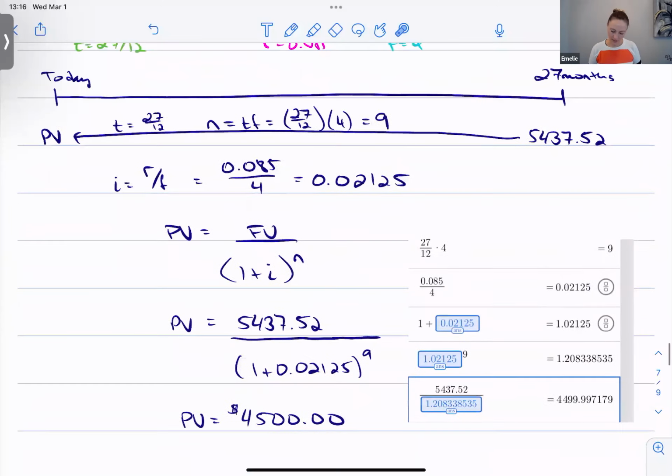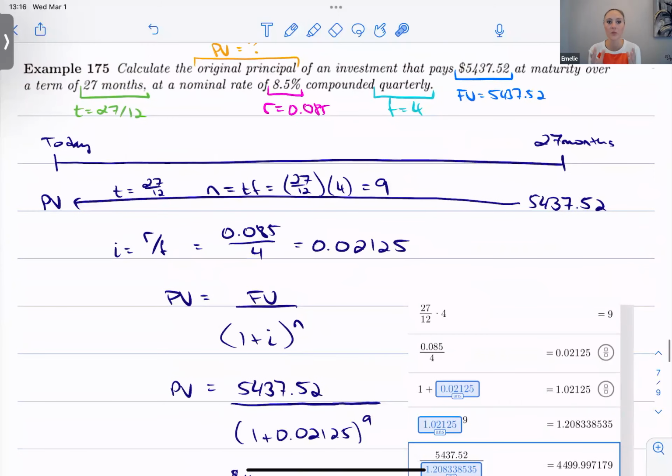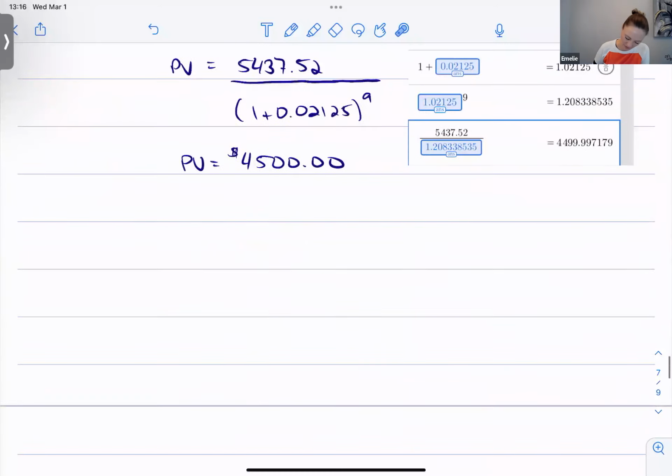So that's how you calculate, just brief introductions, how to use the future value formula and how to use the present value formula. Now in the next section, we're just going to calculate the periodic interest rate and the number of compoundings.